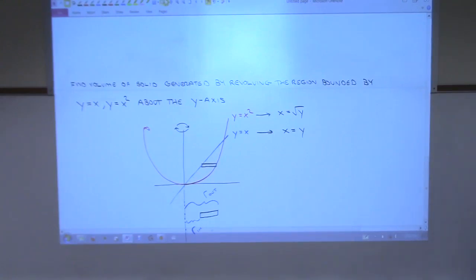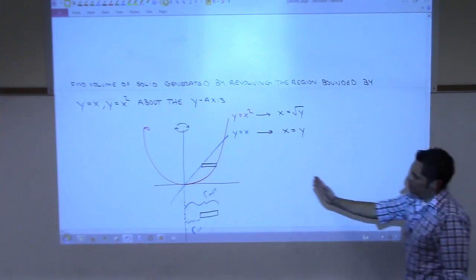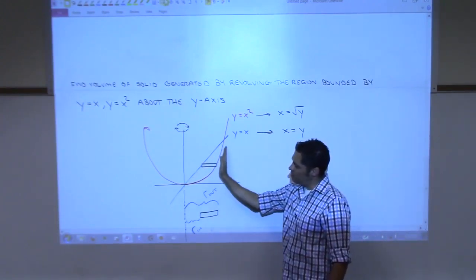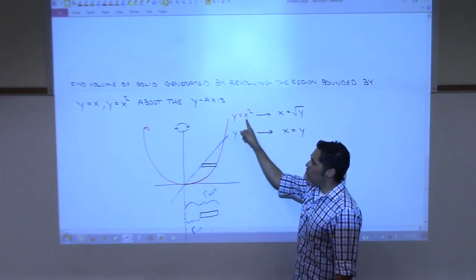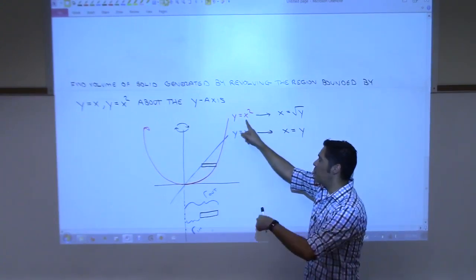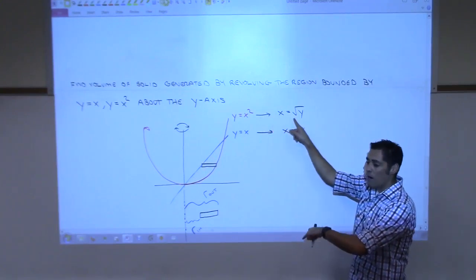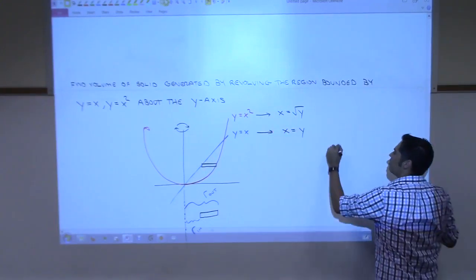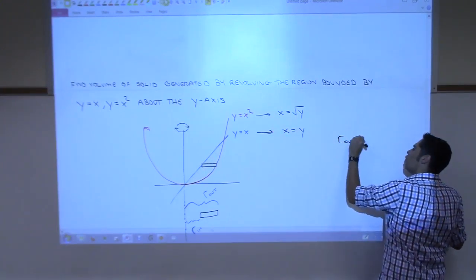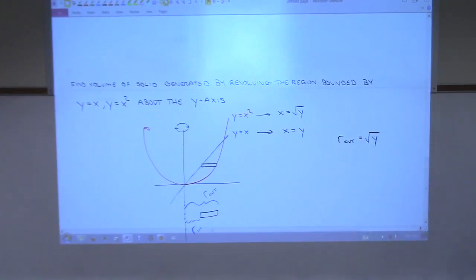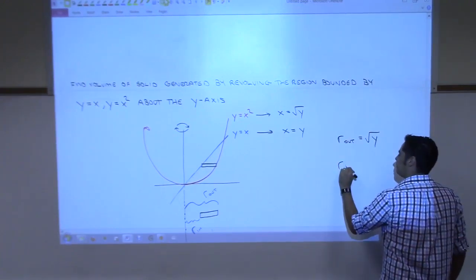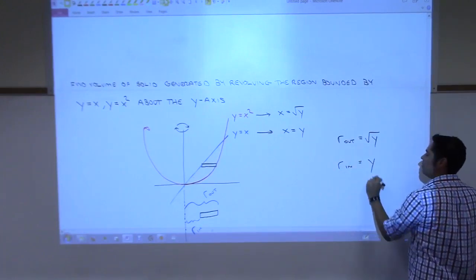So what is R out? Yeah, it's just this curve, right? Now be careful, because it's x squared if we're looking at it as a function of x, but we've converted it to a function of y. So the R out is actually what for us? Root y. We've turned everything sideways, so we have to have things as functions of y instead of x. What's our R in? Just y.